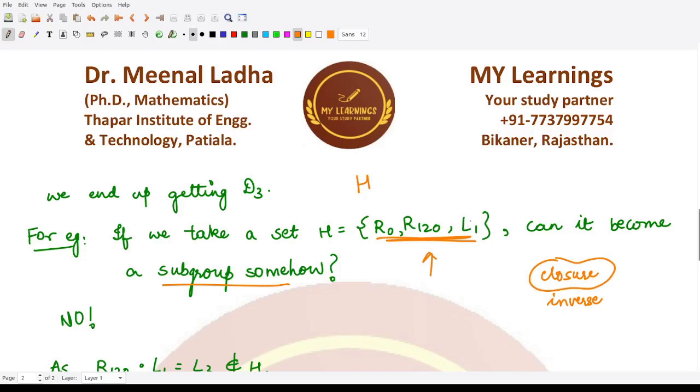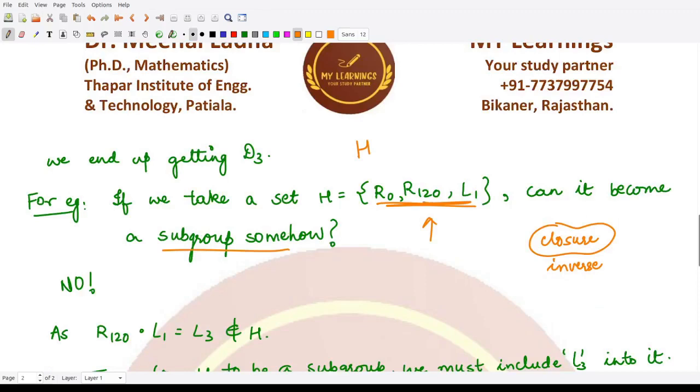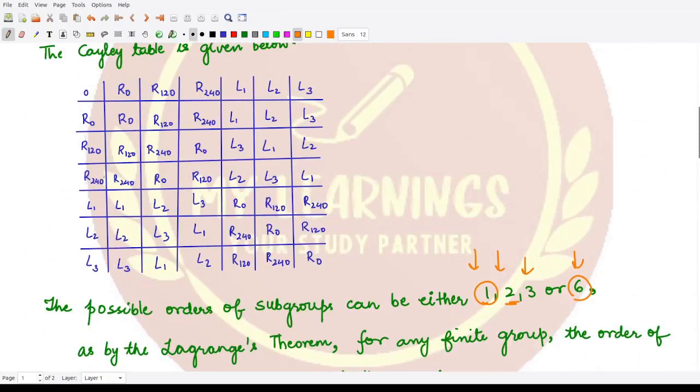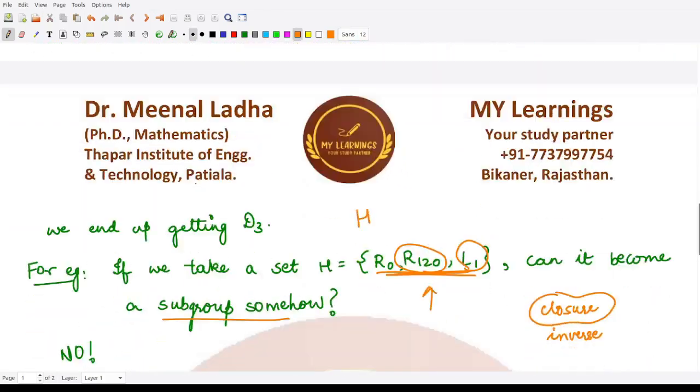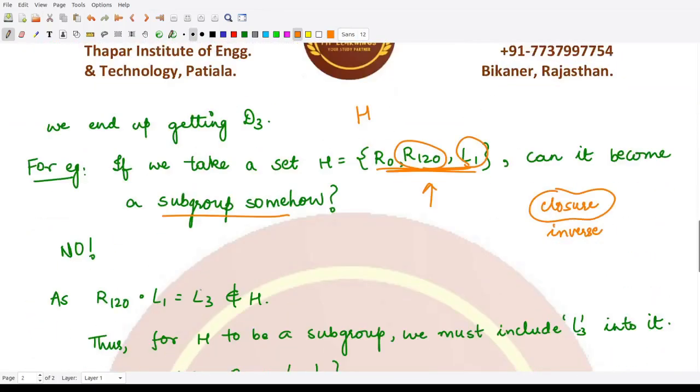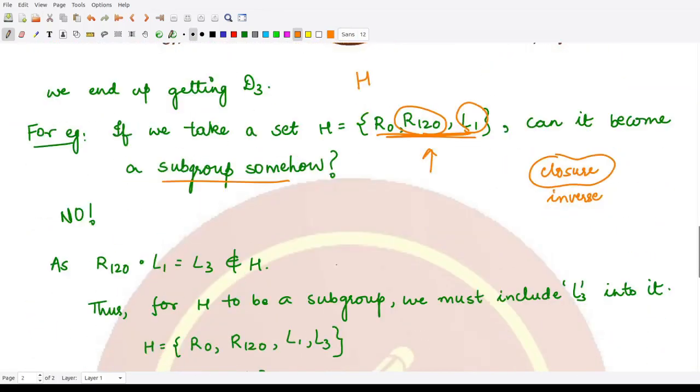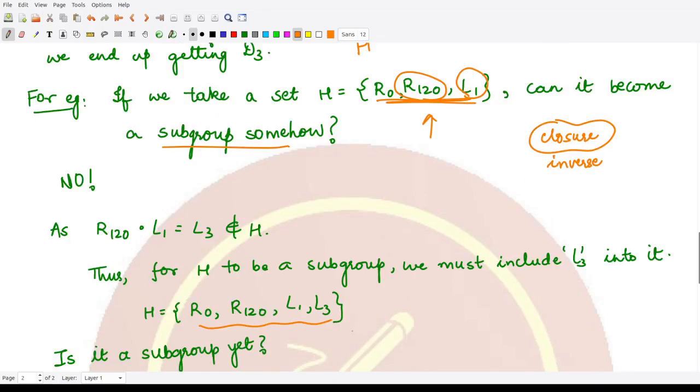So here, if you compose R120 with L1, let's have a look at our Cayley table: you obtain L3, and L3 is not a member of H. So we add L3 to H, so that now we have 4 elements. Now let's check whether this is a subgroup or not. It is not yet a subgroup. Why?